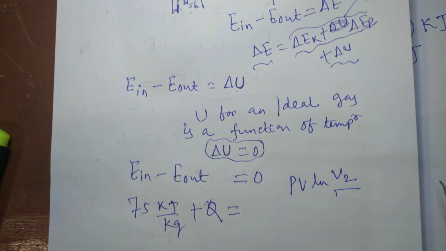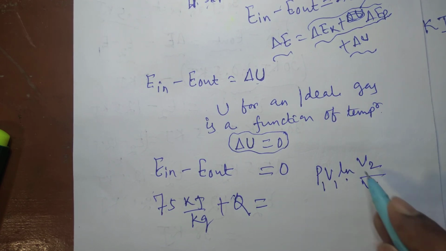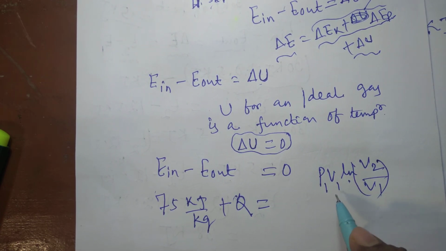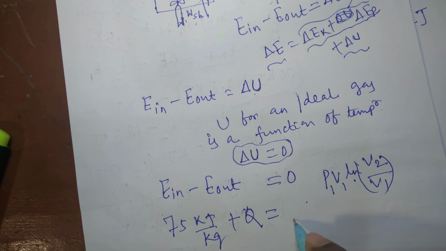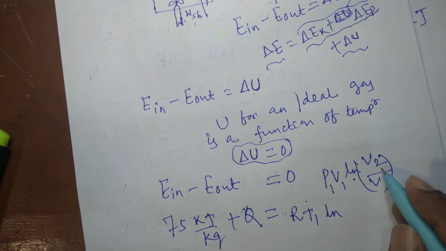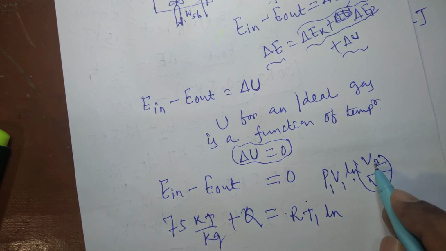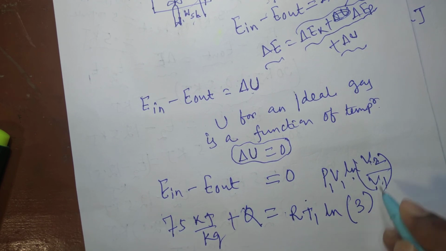During the process 1, 2, this happens. So P1 V1 ln V2 by V1 is the PdV work during an isothermal or constant temperature process. For an ideal gas, P1 V1 is RT1, so RT1 ln V2 by V1. Since volume becomes 3 times that of initial volume, V2 by V1 will be 3.